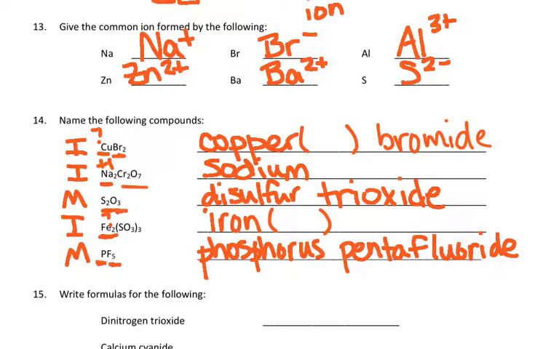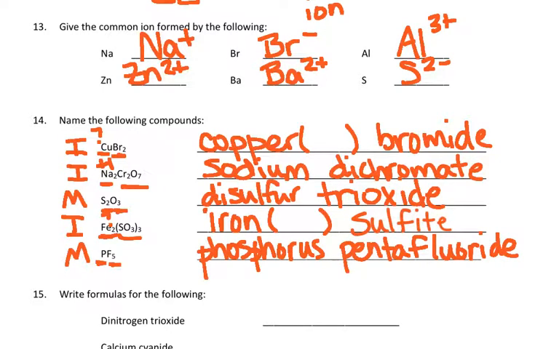Cr2O7, that's one of our polyatomic ions, and we know that because there's more than one capital letter there, and that's going to be dichromate. And you have to kind of watch out for that one because even though it starts with a di and you think it might be something to do with molecular, that is part of the name of that polyatomic ion. It has nothing to do with molecular. And then finally we have SO3, that's going to be sulfite, another polyatomic.